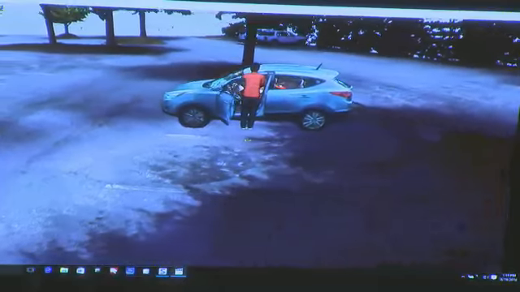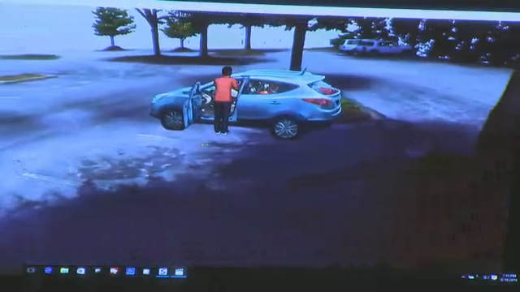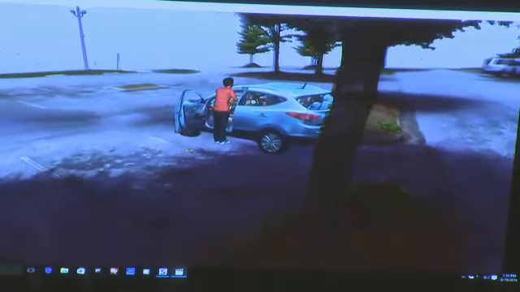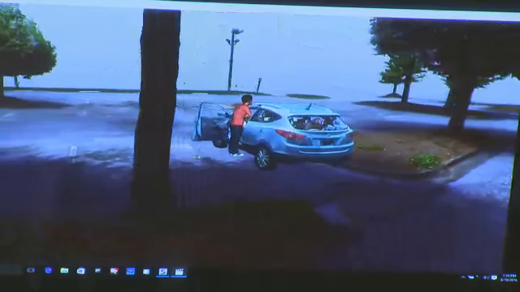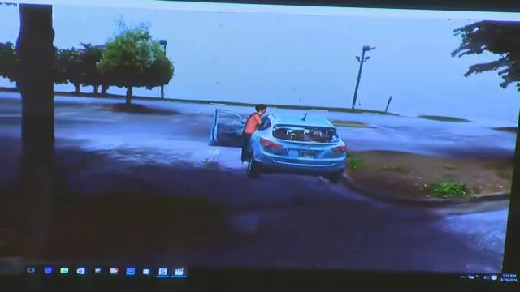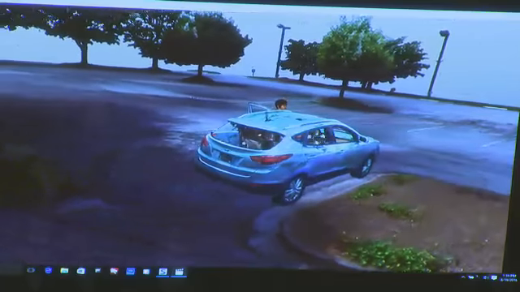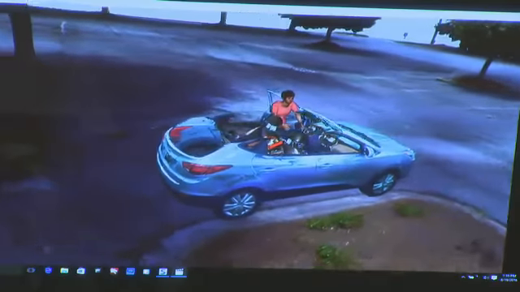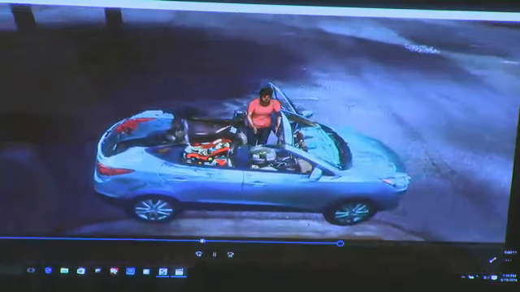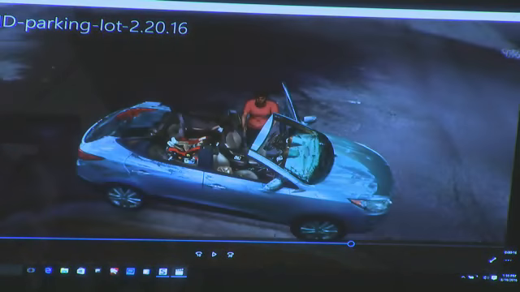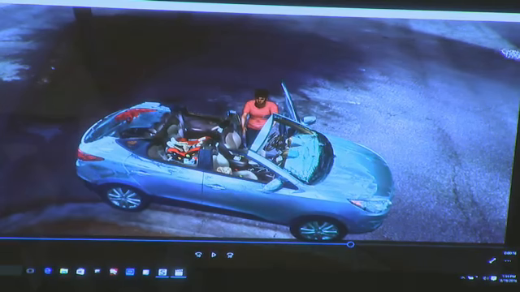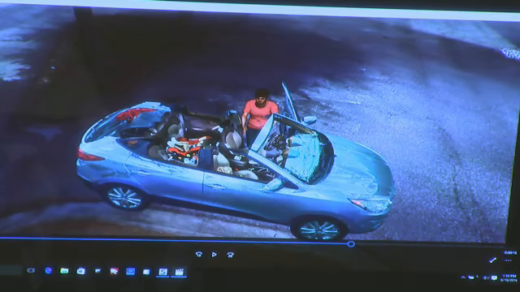Which parking lot is this, sir? This is the Home Depot parking lot. Thank you. All right, can you stop it right there, please? Mr. Dustin, you agree that in the image that we're looking at, the roof and windows are absolutely removed?